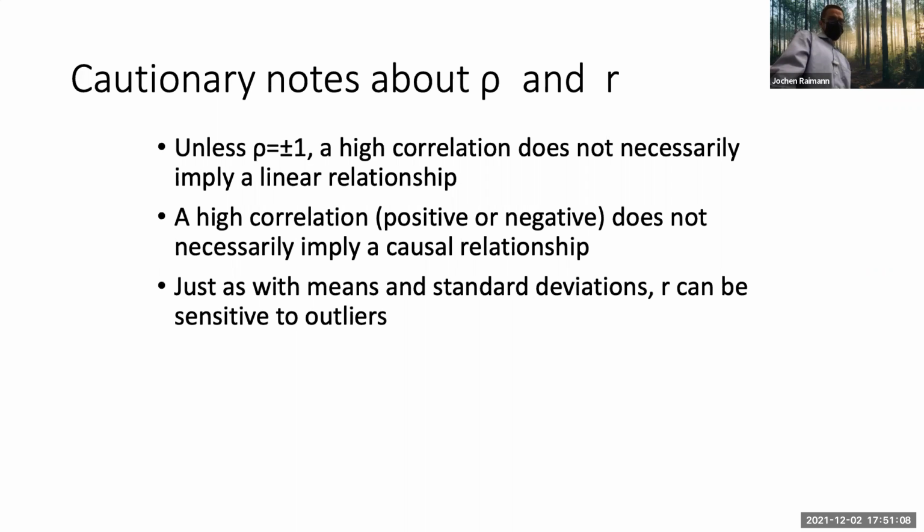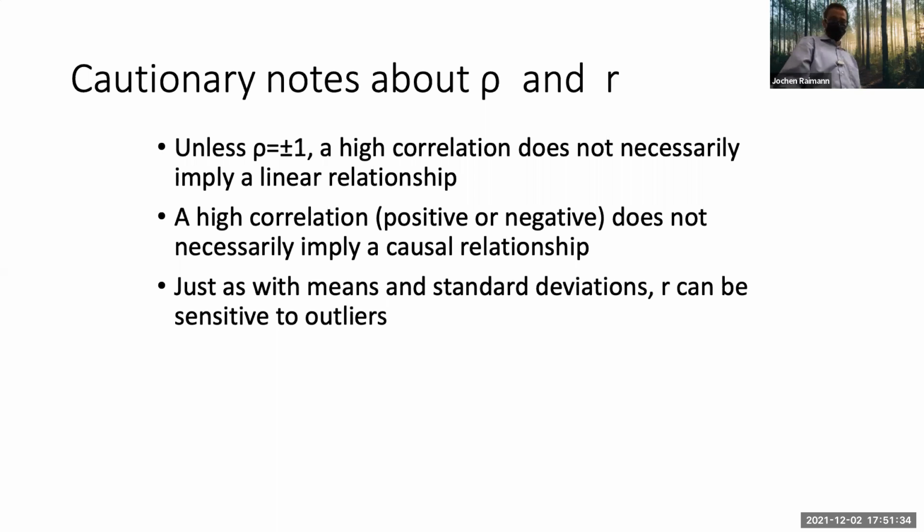So unless the rho is ±1, a high correlation does not necessarily imply a linear relationship. You can still have a non-linear relationship with a high correlation coefficient. Again, a question of the sample size, right? A high correlation does not imply a causal relationship, and that's the take-home message from correlation.